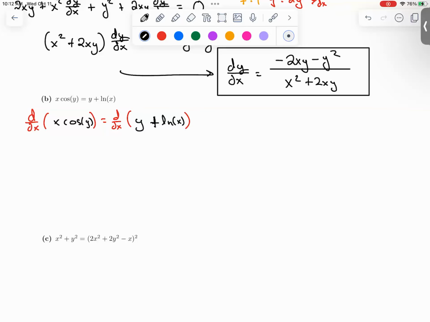So the first term on the left-hand side is a product of two things, x and cosine of y. So we're going to have to do a product rule. The derivative of that would be f prime g, so 1 times cosine of y, plus g prime f. With g being cosine of y, its derivative would be negative sine of y times dy/dx, times x.